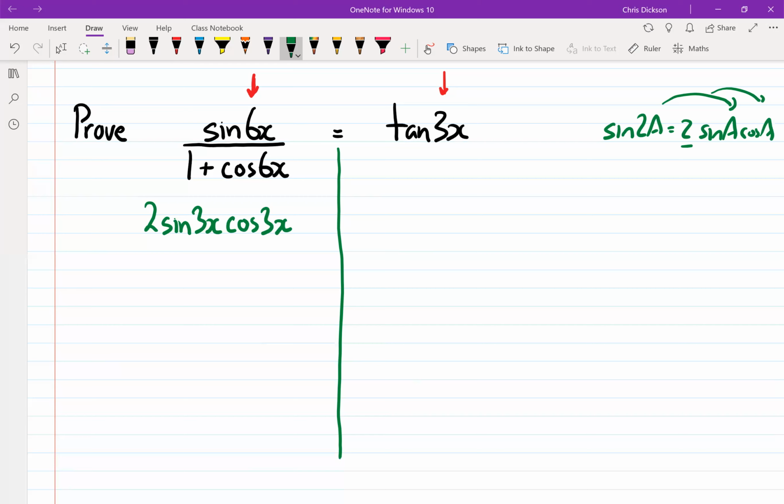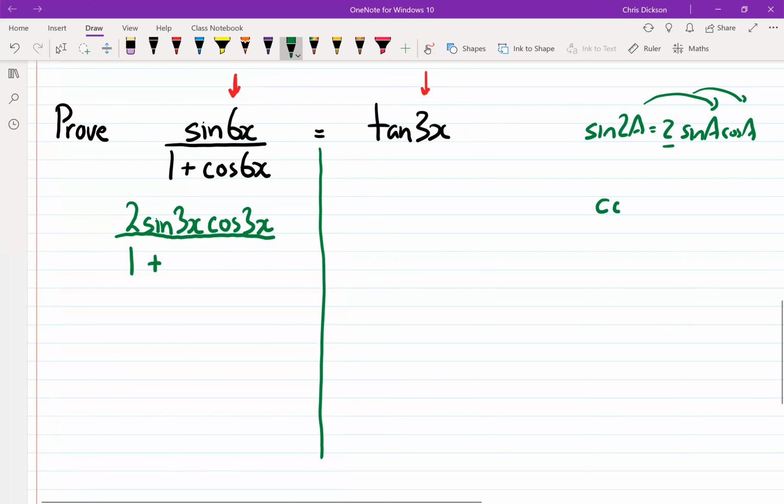Okay, and that's all over 1 plus, now cos 6x has 3 different identities we can choose from. And what I'm looking at is trying to get the left side to equal the right side. So what would be really helpful is if I could get rid of this 1 here.